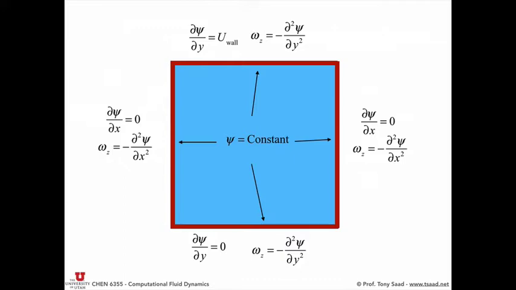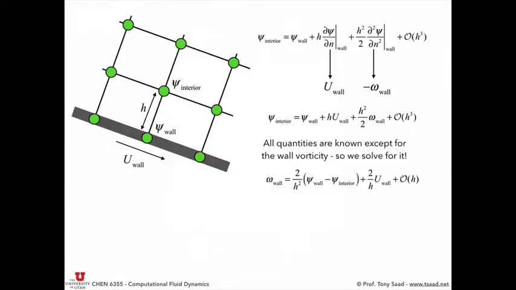And this is how we get a relation between omega at the wall and the values for psi on the interior. We used this information when we looked at the physical problem. So then psi interior is known, psi wall is known, u wall is known, omega wall is unknown. We solve for omega wall and it gives you this.